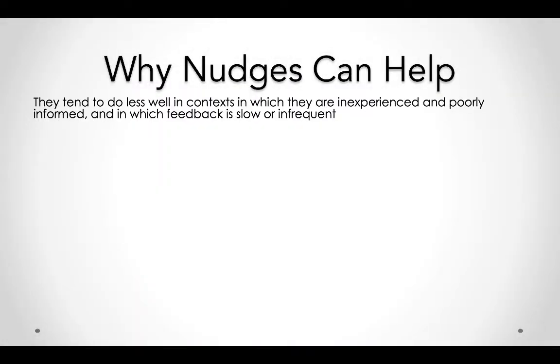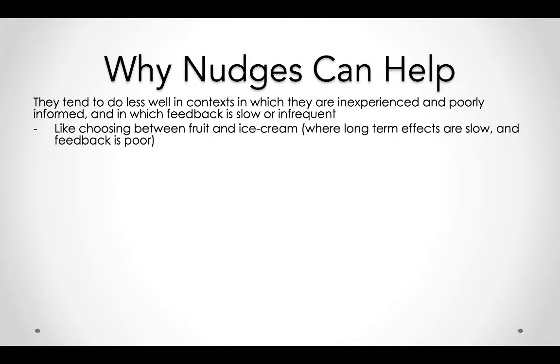That is not the same thing if you're in a context where you're inexperienced or poorly informed, or there's no feedback, or it's very slow. Like if you were to choose between fruit and ice cream, the long-term effects are slow and the feedback is poor. You don't know what's happening. I mean, you understand that fruit is better than ice cream for your long-term health, but there's no feedback.